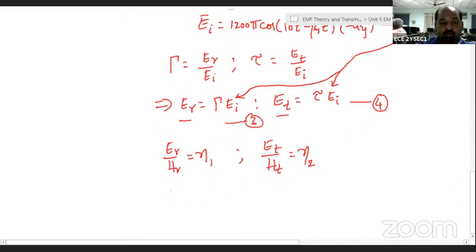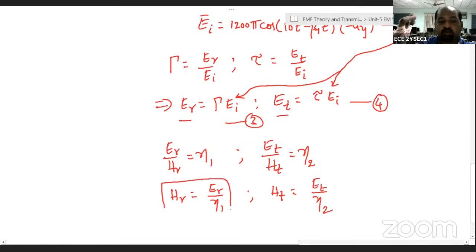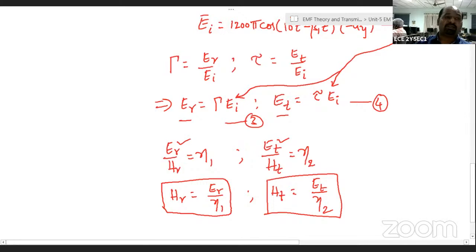So therefore, Hr is equal to Er by eta 1, and Ht is equal to Et by eta 2. So this is how we can determine Hr and Ht if we know Er and Et. If we know the electric field components, we can determine the magnetic field components.